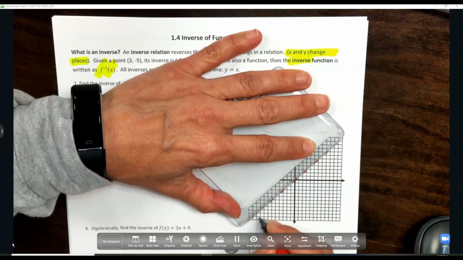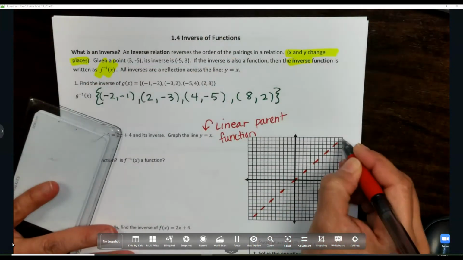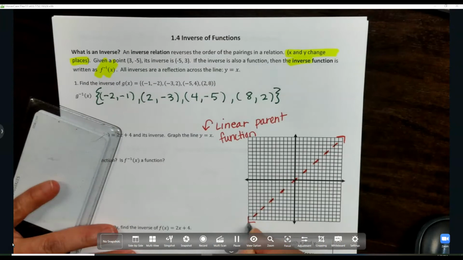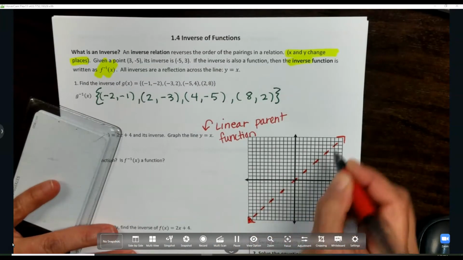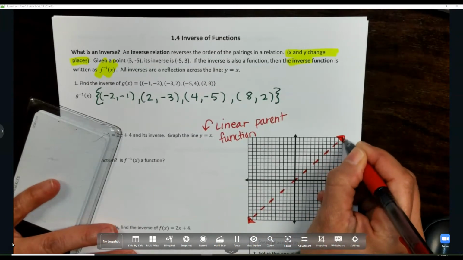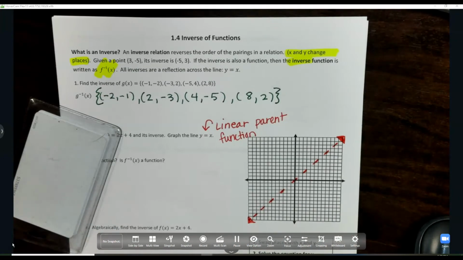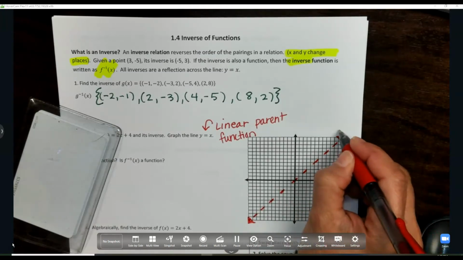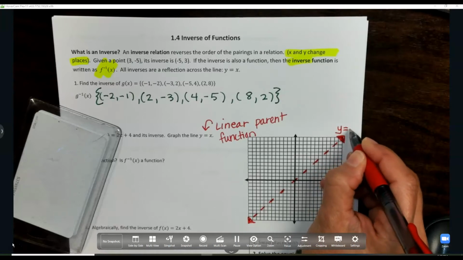Please do not forget to put arrows on your graphs in Algebra 2 and for whatever higher math class you're taking. We also label everything, y'all. So after you draw that dashed line, write y equals x.